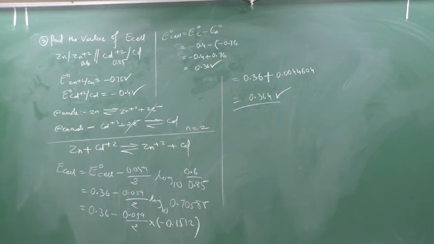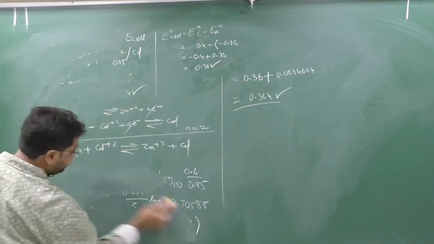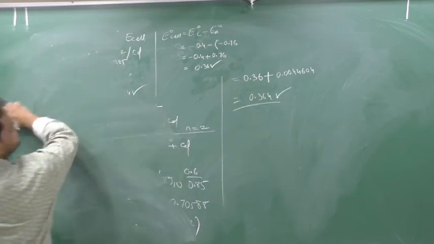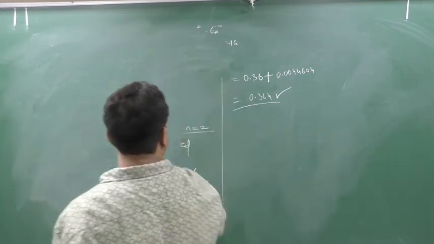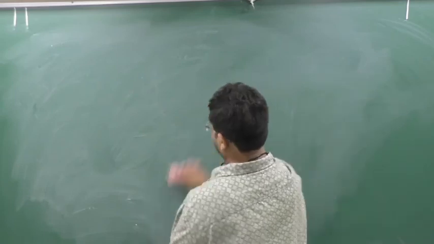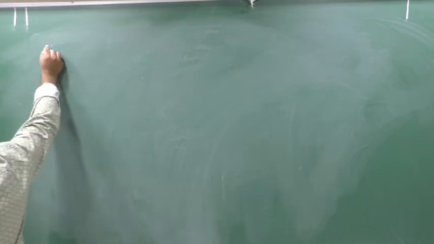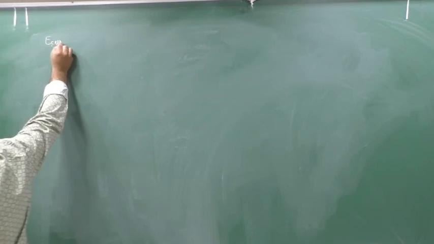Done, beta? So the last question we are going to see is based on the standard hydrogen electrode. Find the value of the cell potential. That is the same question, cell potential. This is the question.